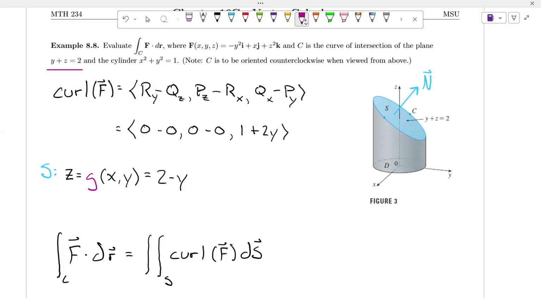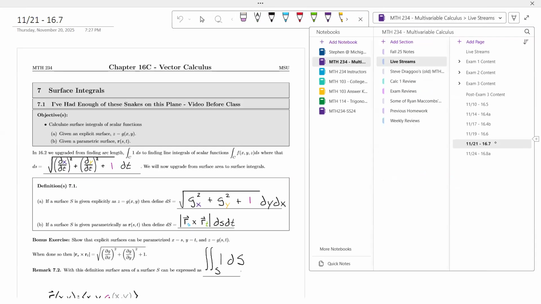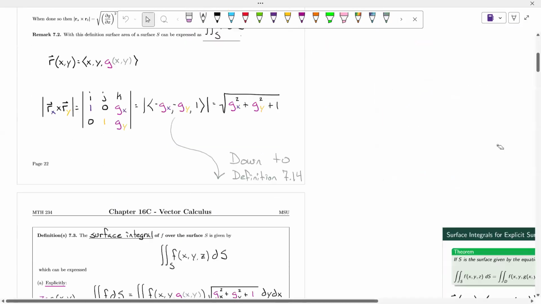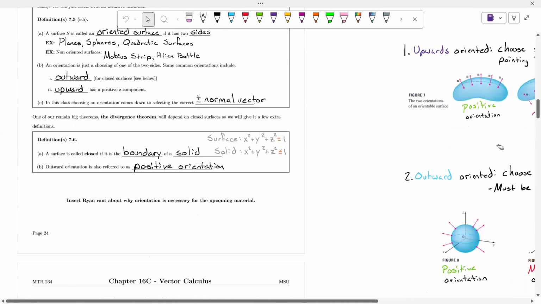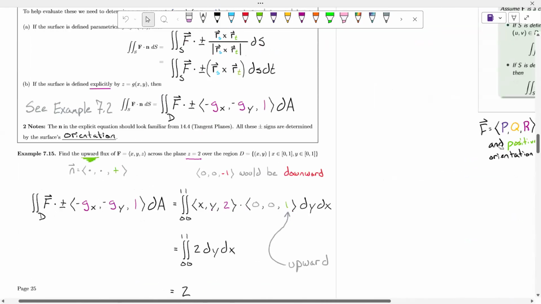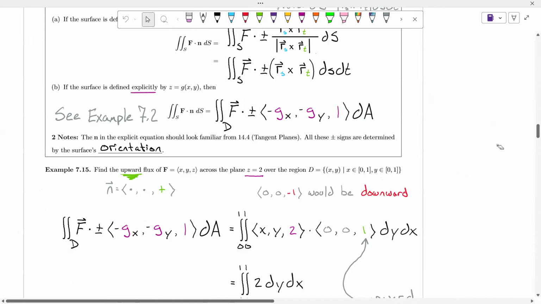Now that it's time to actually evaluate a surface integral for real, let's just pop backwards in the notes real quick because I want to go borrow a formula. We are going to be taking the surface integral of a vector function. So if we have an explicit vector function, the surface integral of f dot n dS is just the dot product of f with either the positive or negative version of that vector field: negative g partial x, negative g partial y, positive 1.